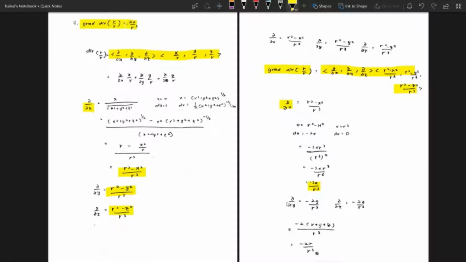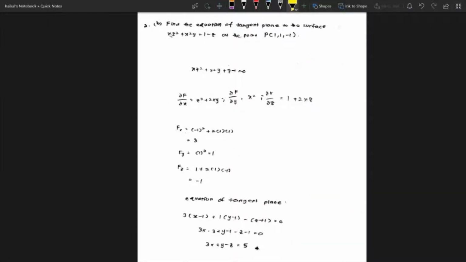For partial over partial y, we get negative 2y over r cube. Partial over partial z, we get negative 2z over r cube. So when we total up, we get negative 2(x plus y plus z) over r cube. So when we simplify, we get negative 2r over r cube. Okay, next we go to 2b.